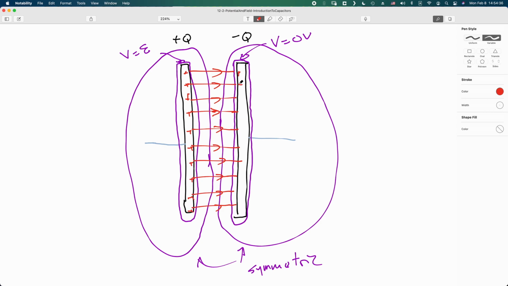And you can see that between the plates, the spacing of equipotential contours is quite tight, so the electric field inside is quite strong. But since the plates aren't infinite, there is a very weak electric field coming off the back sides of the plate, like so.